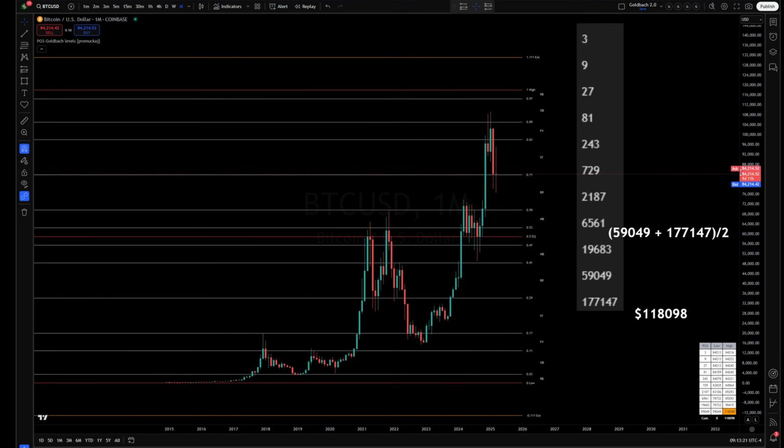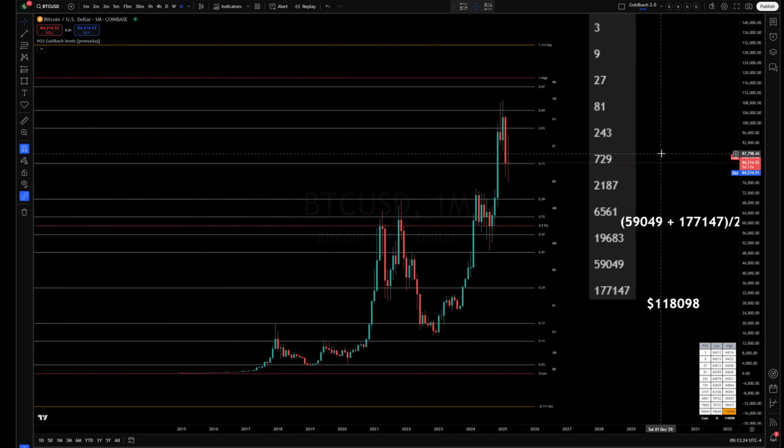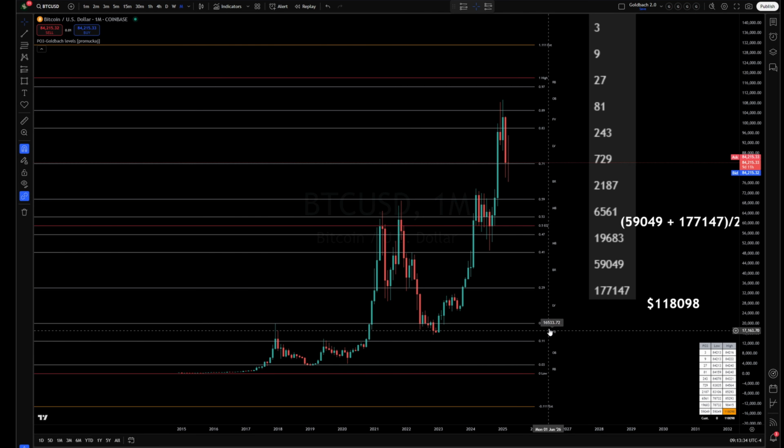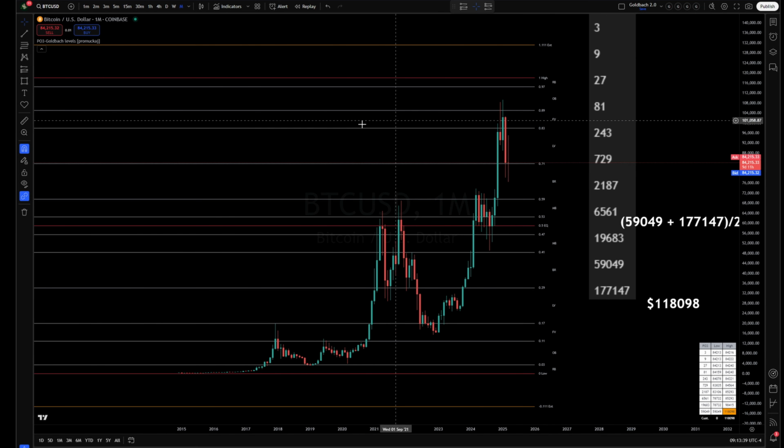And what does Goldbach tell you? Goldbach tells you that the dealing ranges that you use via mathematics define the high probability price discount arrays, meaning the order block will be formed here, the fair value gap, the liquidity void, the breaker block, and so forth. What do we have here?